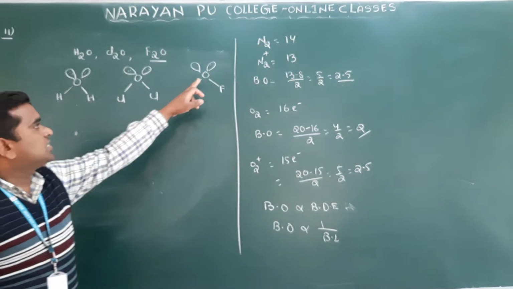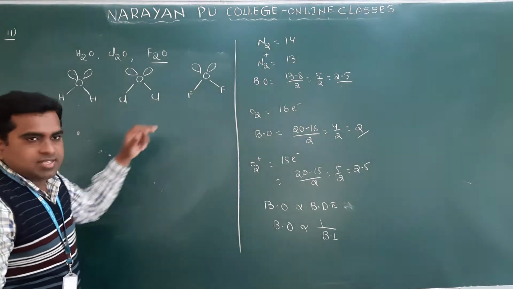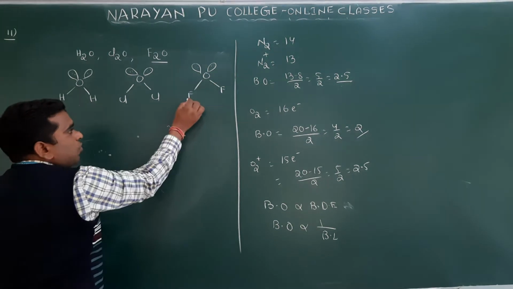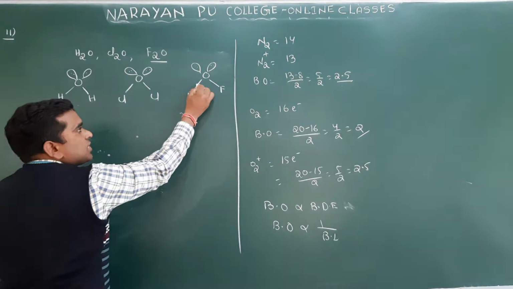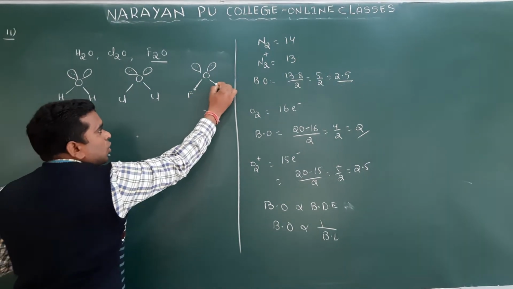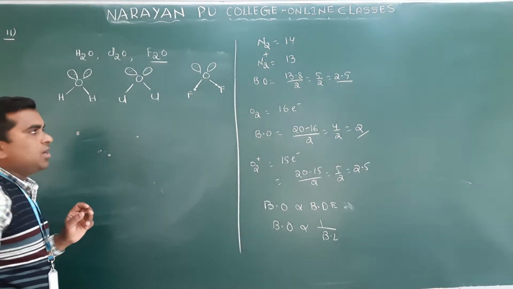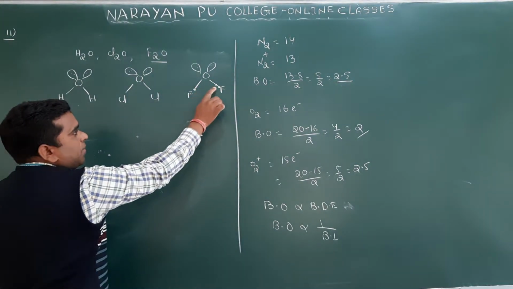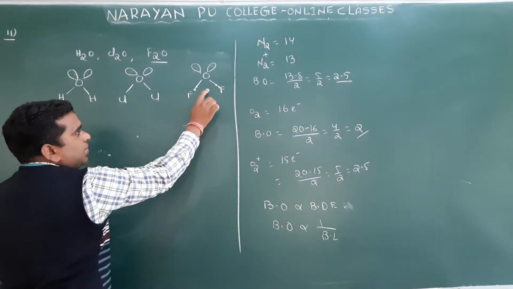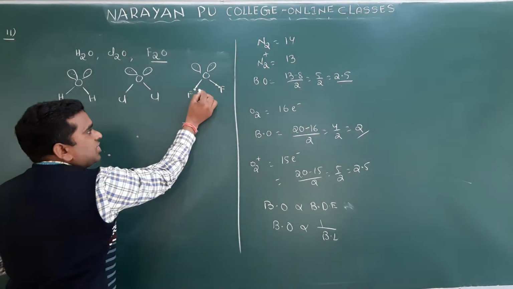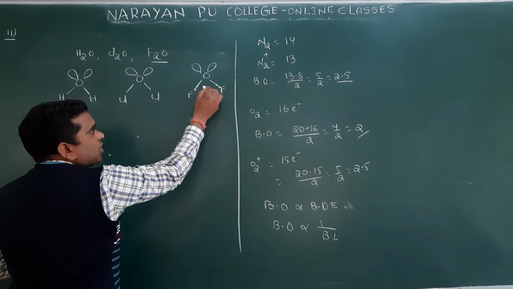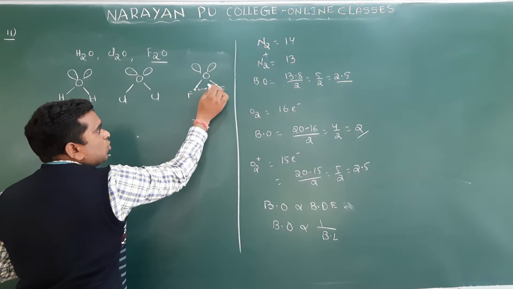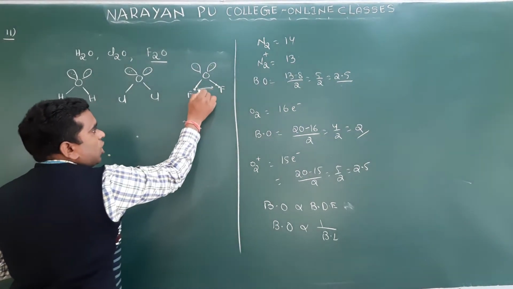See now, in this case oxygen and fluorine: fluorine is more electronegative, so these bond electrons are close to fluorine. So the bond pair repulsions will be less. Why? Because the distance between the two bond pairs of electrons is large.